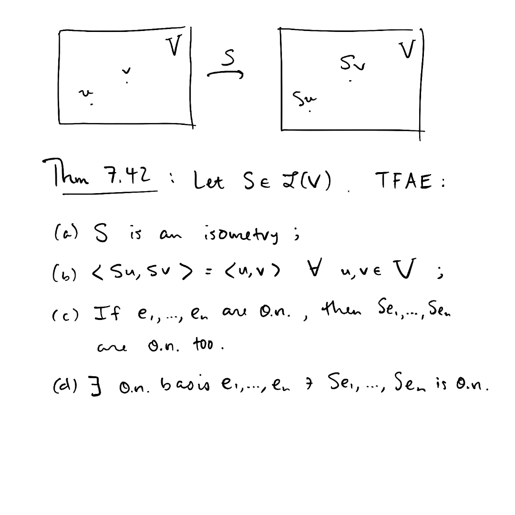Well, that follows pretty easily from C. Certainly there exists an orthonormal basis by Gram-Schmidt, and then by part C, if we do S to that basis, then we get n orthonormal things. Orthonormal sets are linearly independent, and therefore those n orthonormal things on the right side of the picture, Se1 through Sen, are a basis as well, for that matter. Okay.